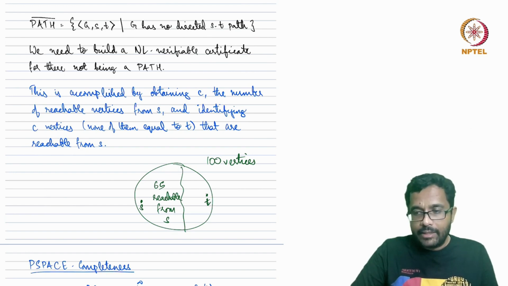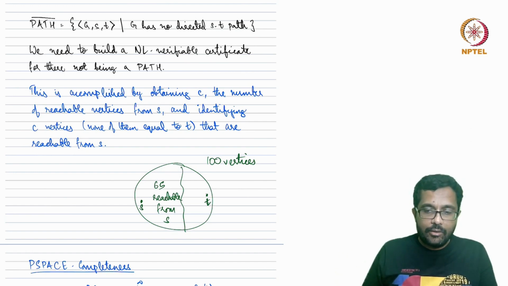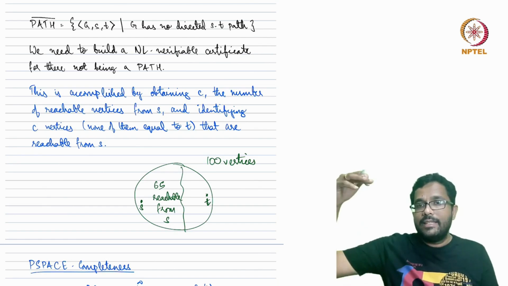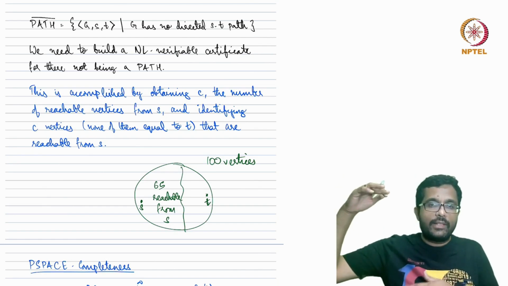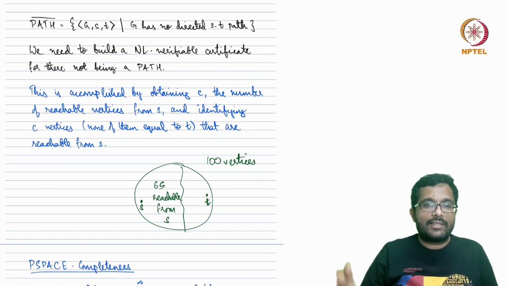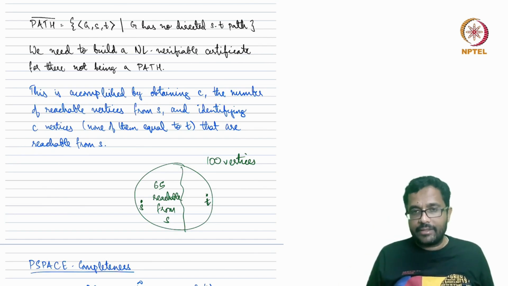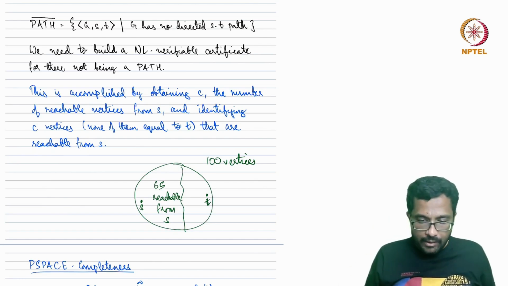And you cannot have a list of the vertices reachable from S, because that list itself will not be logarithmic in size. It could be linear in size. So you have to be clever in doing all of this, but this is the high level picture.